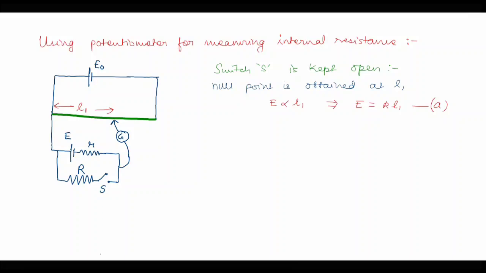Now what we are doing over here, we are switching S to the on position. So we are closing switch S. It was open initially, now we have closed the switch S. So I am making a necessary change in this diagram, considering that now the switch is closed.